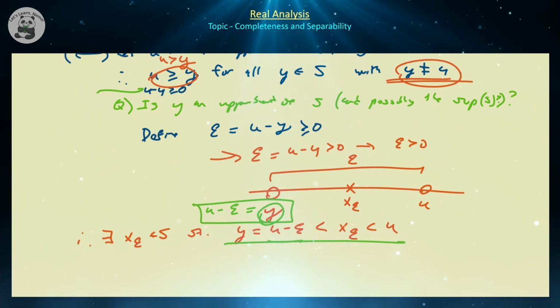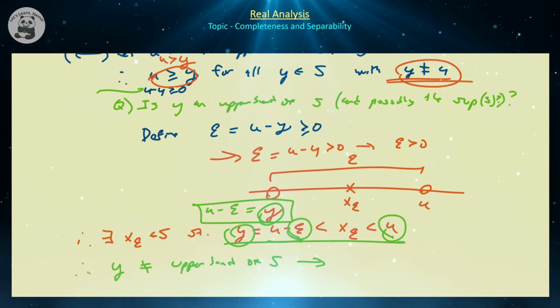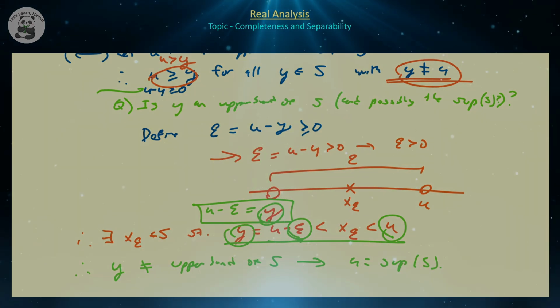So if that is the case, since u is an upper bound and y is strictly less than that, that means it's not the least upper bound. So that means y is not an upper bound of S, right? And since that is the case, and since epsilon is arbitrarily small, that gives us that u is the supremum of this particular set S.